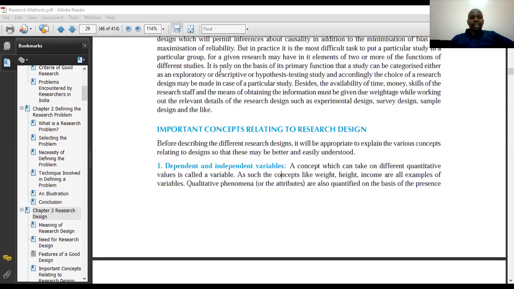Let's talk about just what we are talking about, the length of a tree. If it is a tree, we normally expect it to grow tall. The length of a tree depending on the amount of rainfall it receives per year.